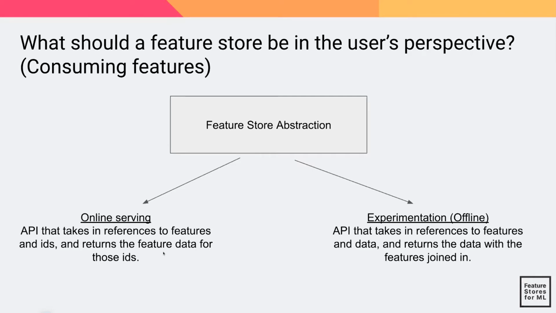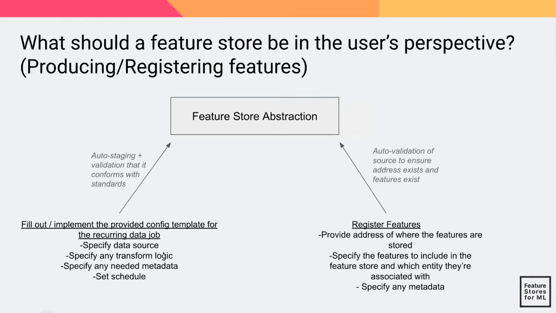How about on the producing and registering feature side? On this side, what's the goal of the user? What's the task the user is trying to complete? They want to offer up some data as features that their team and other teams can use, and make that data available as feature data.